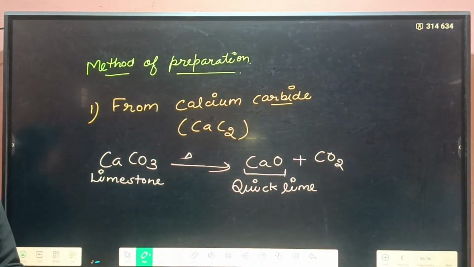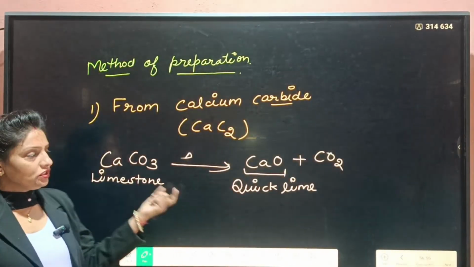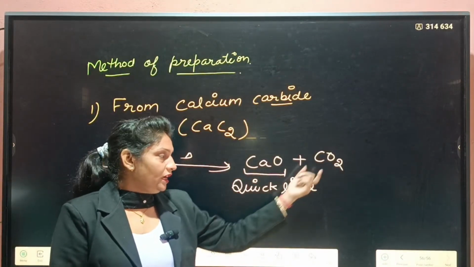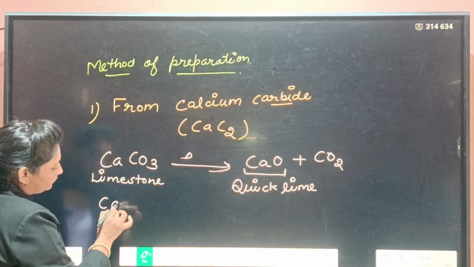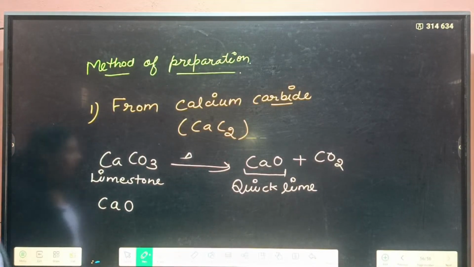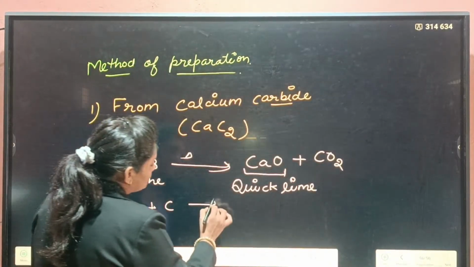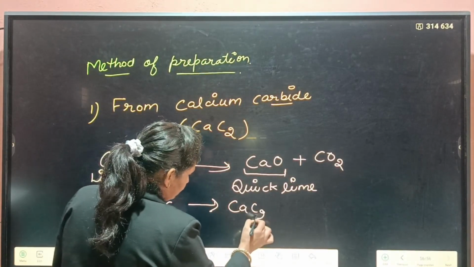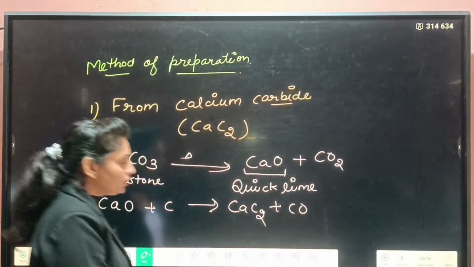Then this calcium oxide reacts with coke, and it gives us calcium carbide plus carbon monoxide, CO. You can balance.